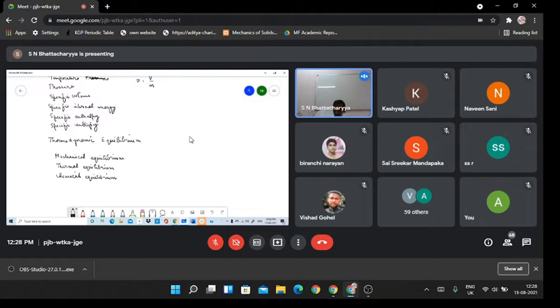But in our engineering thermodynamics discussion in this course, we'll not be dealing with reacting systems. So chemical equilibrium, we'll take it for granted that that condition is satisfied. So if all these conditions are satisfied, the system is said to be in thermodynamic equilibrium.